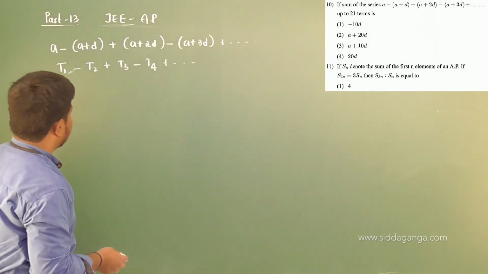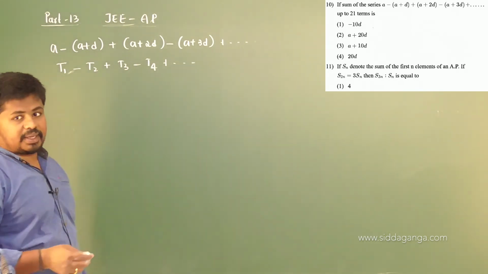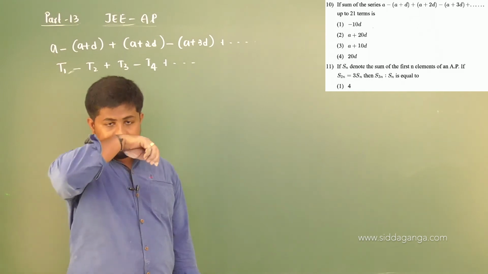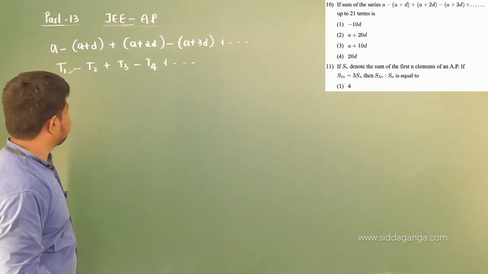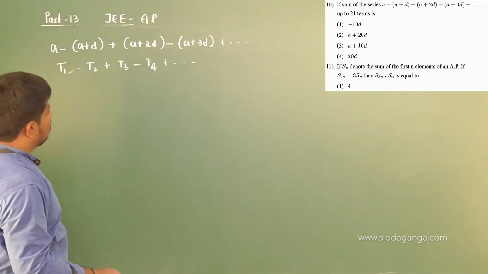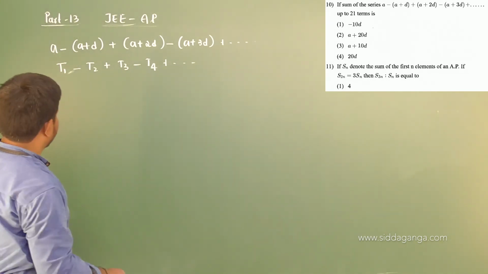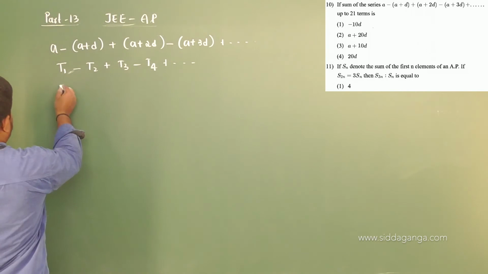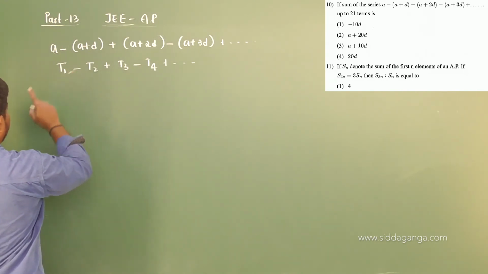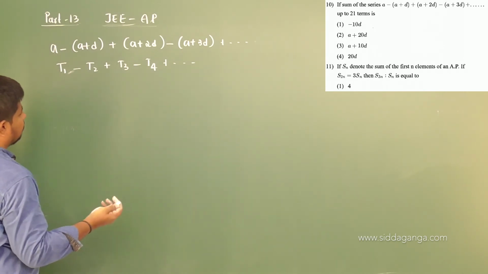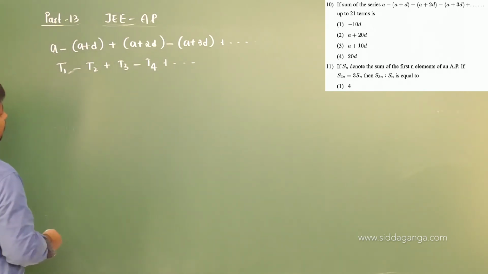Yes, they are asking to find 21 terms, right? Now, this can be written as, so, as I said, even places are negative, odd places are positive, right?